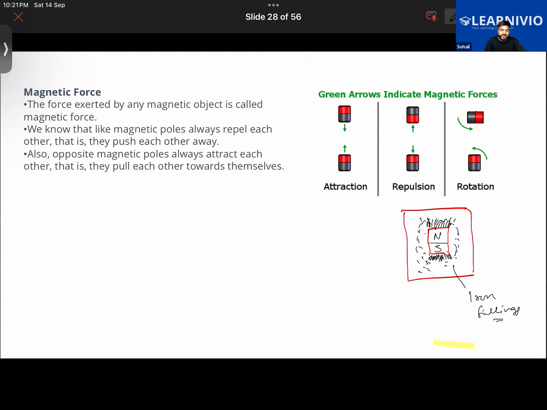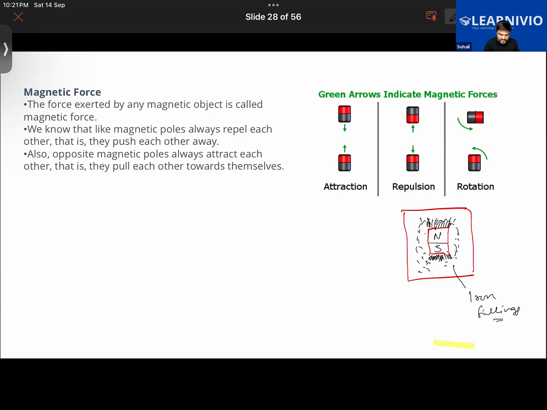The force exerted by a magnetic object is simply called magnetic force. When like poles are placed alongside each other like this, they will repel each other, or they will rotate like this. You might have seen that when two magnets with like poles are placed alongside each other, they simply move away from each other because they push each other.